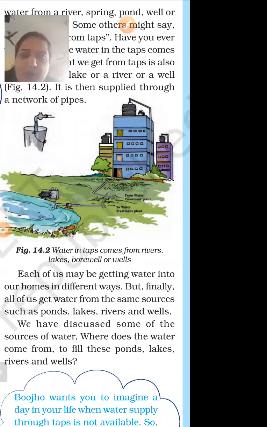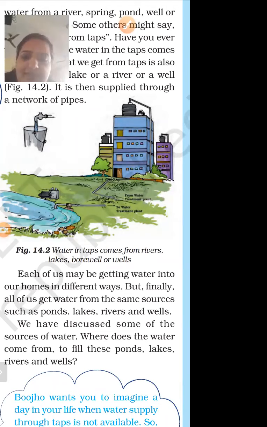So what are the sources of water? Spring, pond, river, well, hand pump. And how is water supplied to our house? Through a network of pipes, the water is supplied to our homes. Then we get water from the taps.